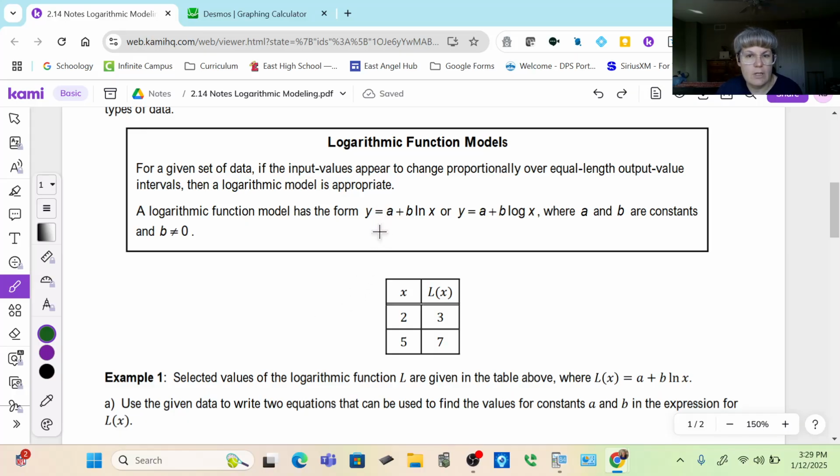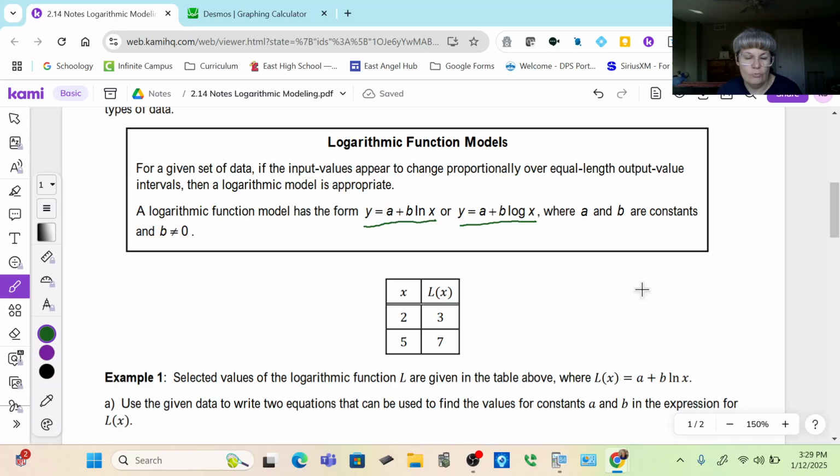Just for reference, a logarithmic function model has the form y equals a plus b natural log of x, or y equals a plus b log x, where a and b are constants and b cannot equal 0.